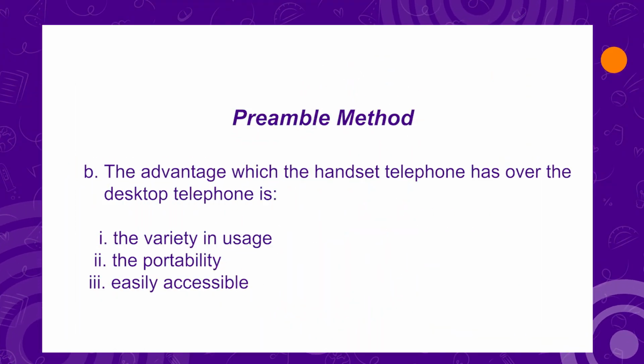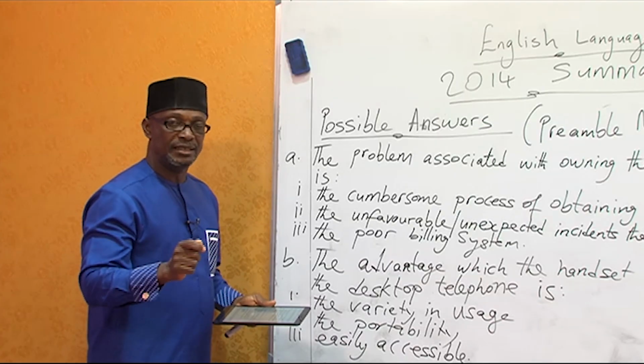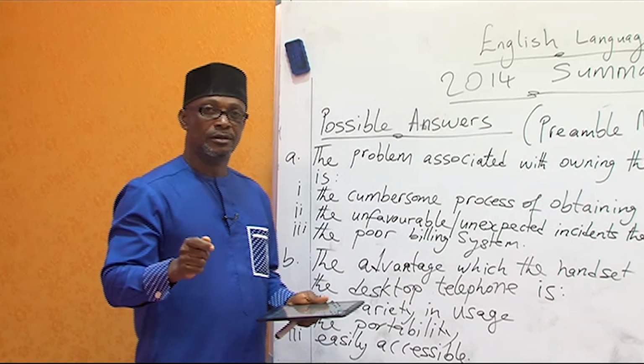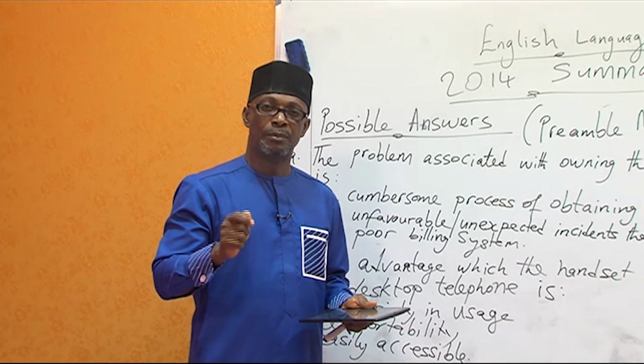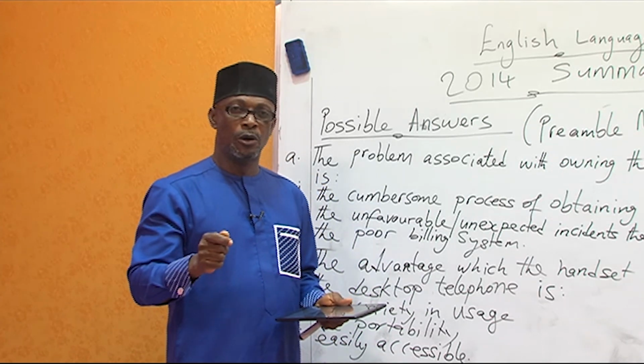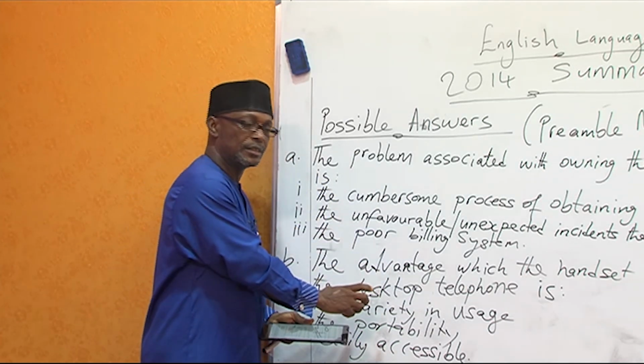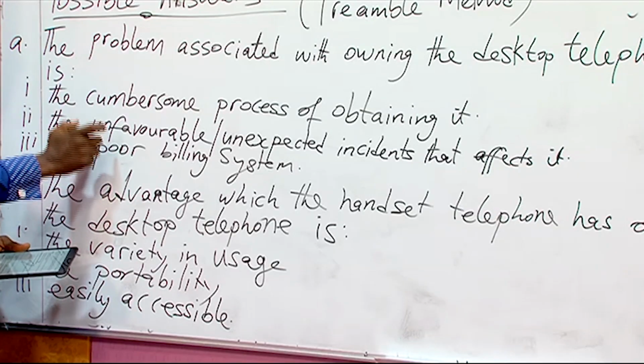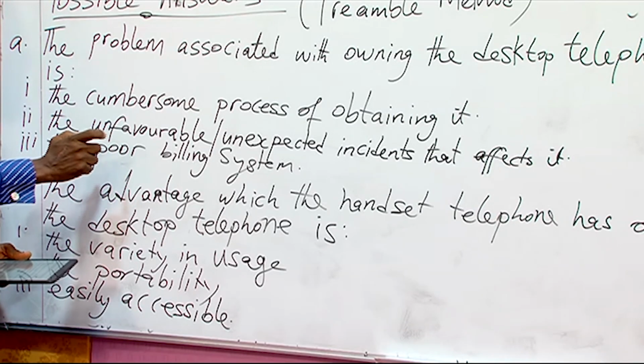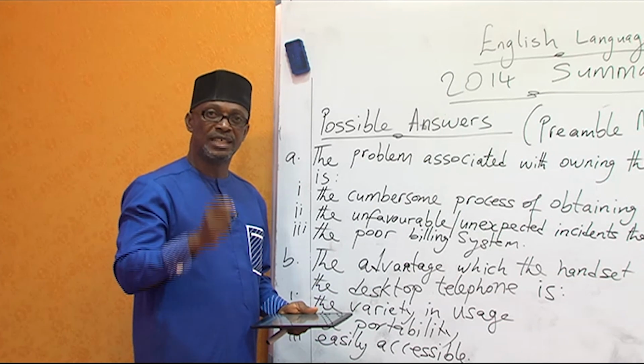And when we align this with our preamble, we'll see that we have gotten a full sentence. Please be careful when you want to use the preamble method. Make sure your phrases align with the preamble to get a full sentence.